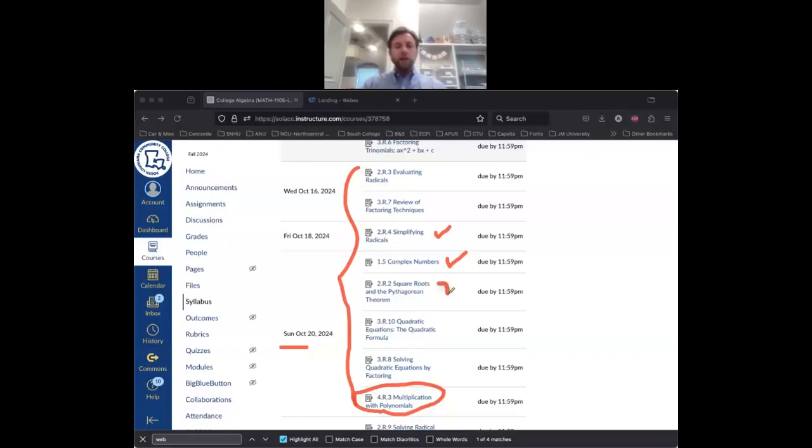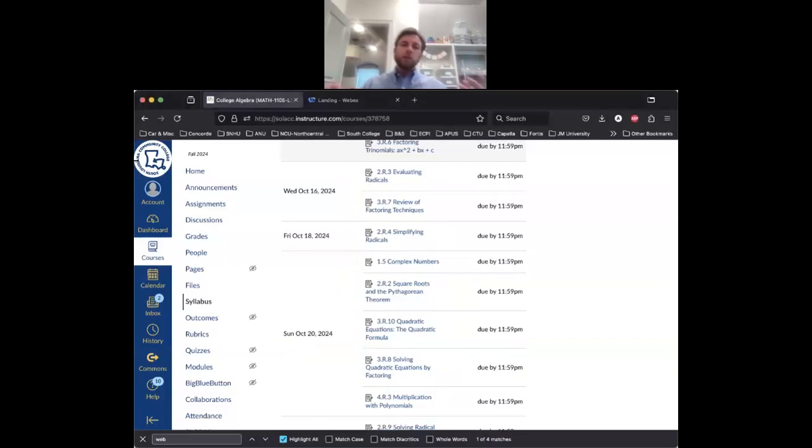And this stuff right here is solving quadratics by factoring, by quadratic formula, and looking at the Pythagorean theorem. Again, that's stuff that you actually already know. It's just putting the pieces of the puzzle together. So again, it's not new material. It's just, hey, what skills do you have, and how do we apply them in context?